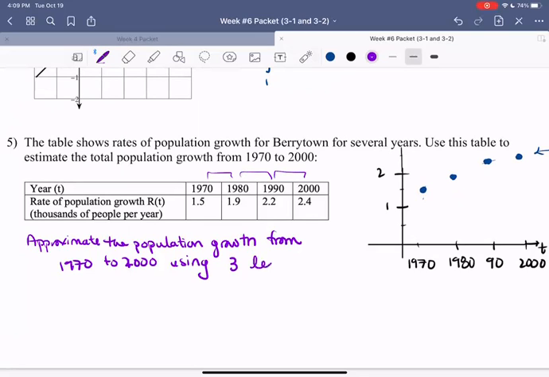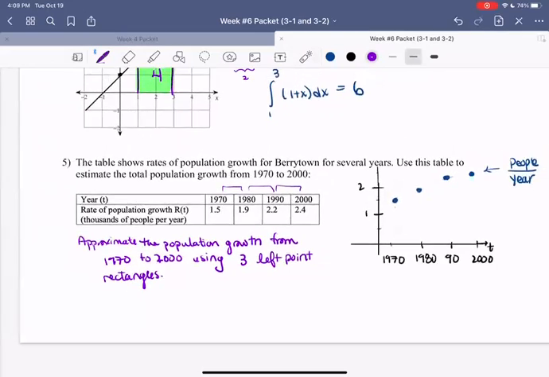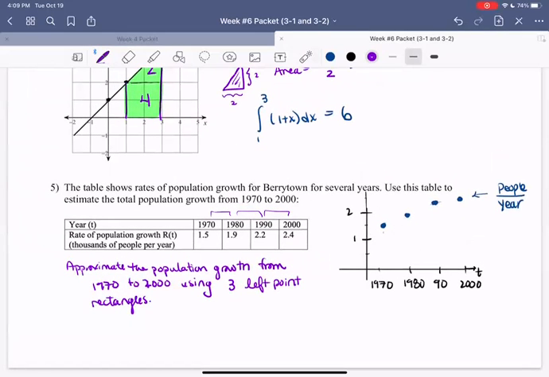Using 3 left point rectangles. At this point, I want you to pause the video and try to approximate that population growth using 3 left point rectangles.